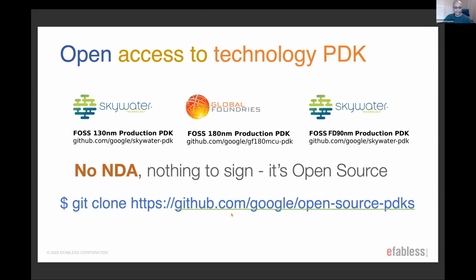There are 2 process technologies on the left here: the 130 nanometer from Skywater and the 180 nanometer from GlobalFoundries. Coming in the near future, it has been announced, and maybe I'll put the link later, that the US government is funding an open source process for a fully depleted 90 nanometer SOI process.